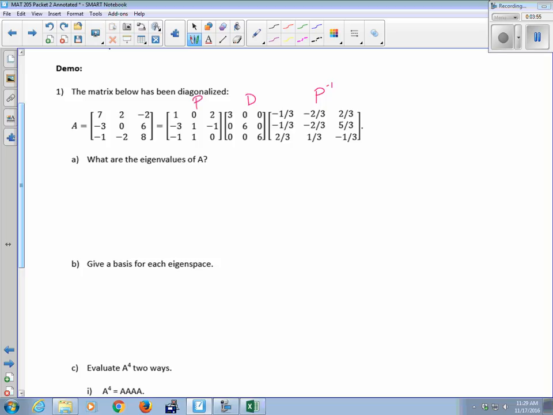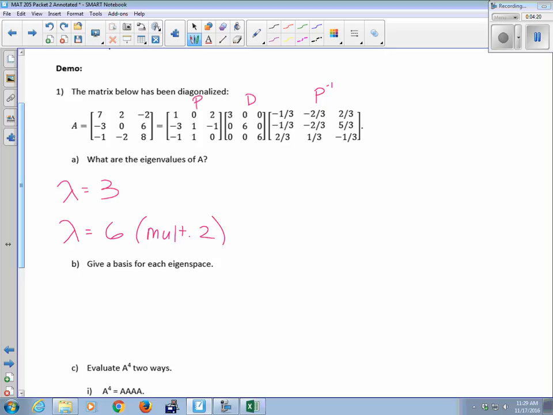So we're kind of doing this backwards, right? You might be asked to find the diagonalization, find those 3 matrices. I've given it to you, so you say, well, I know that if I was finding it, I would put the eigenvalues on the diagonal in the middle matrix. So my eigenvalues are lambda equals 3 and lambda equals 6, and 6 happens twice, so we call that multiplicity 2.